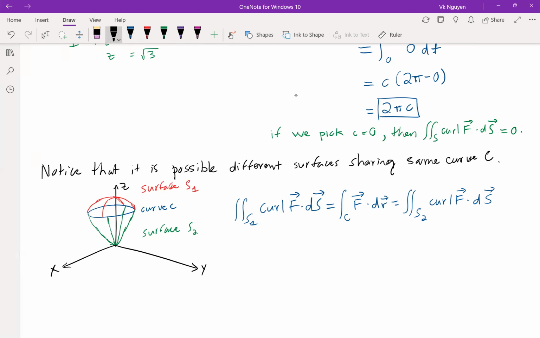So sometimes, if it is difficult to parameterize surface S1, you can parameterize the surface S2, or you just have to use Stokes' theorem to do the problem.